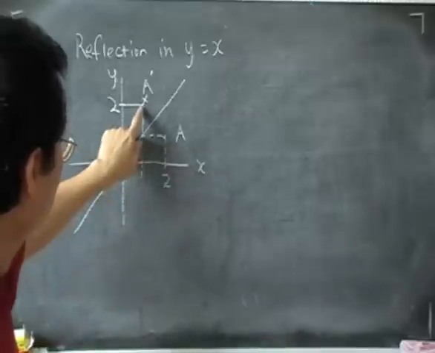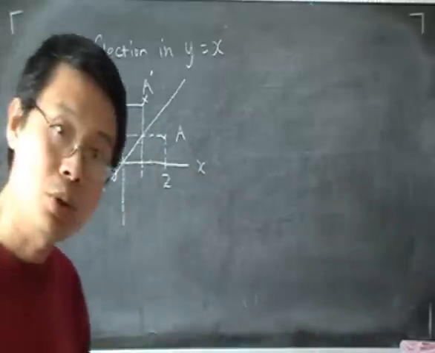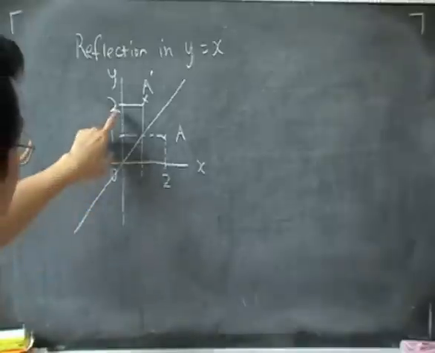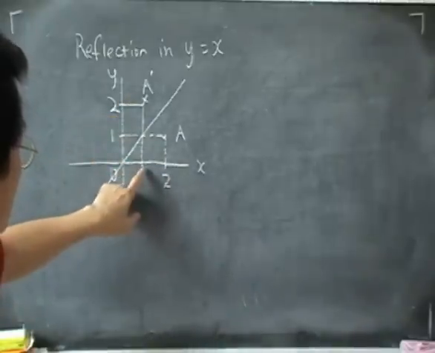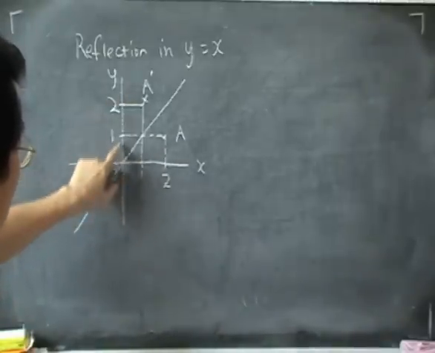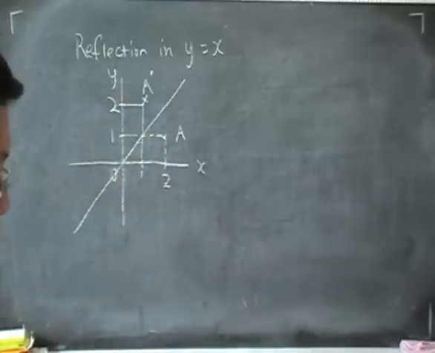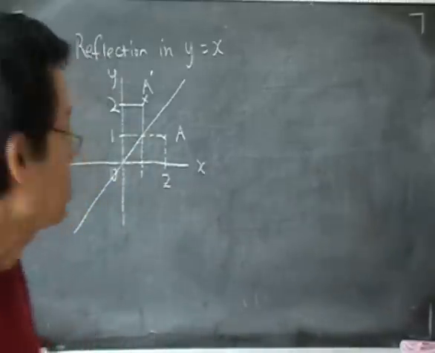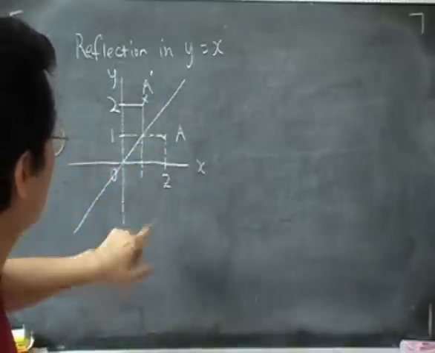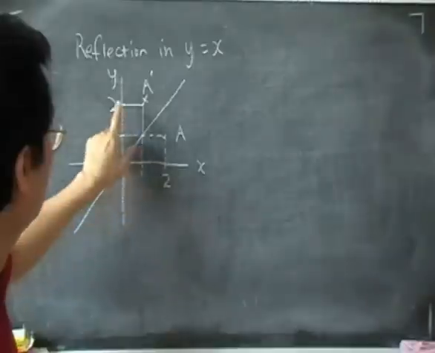That's where A prime is. And now, because we already know the sides of this rectangle are 1 and 2, we also know the coordinates of A prime. It is just 1, 2.